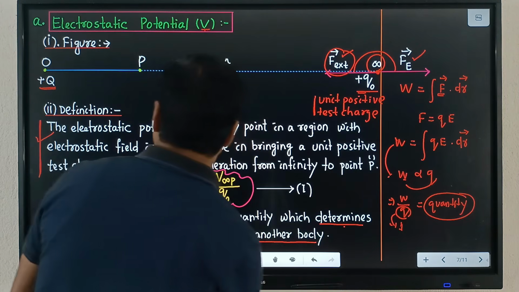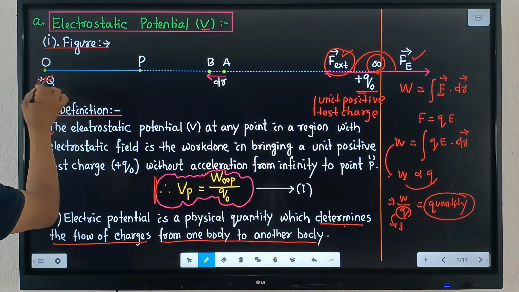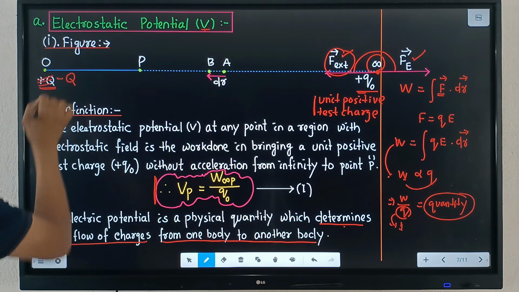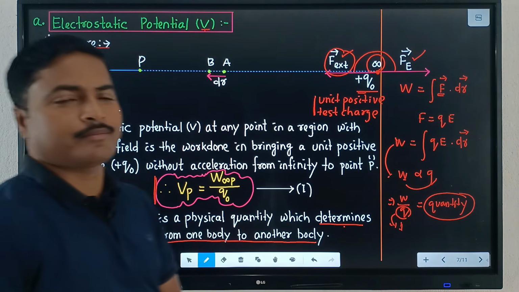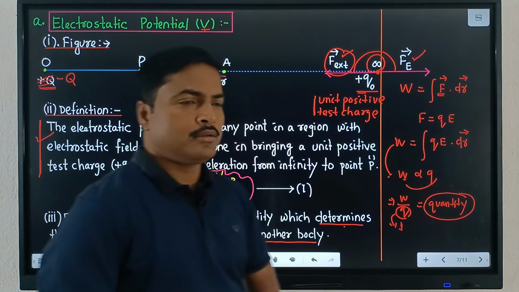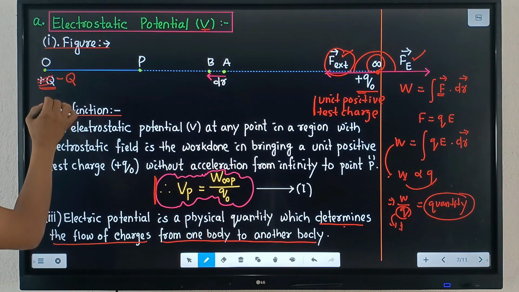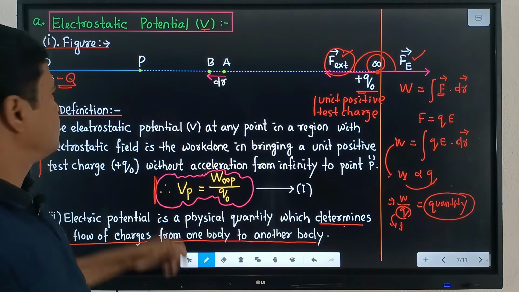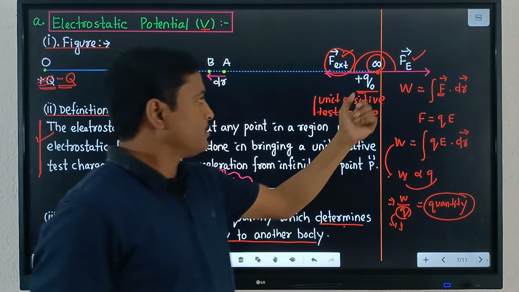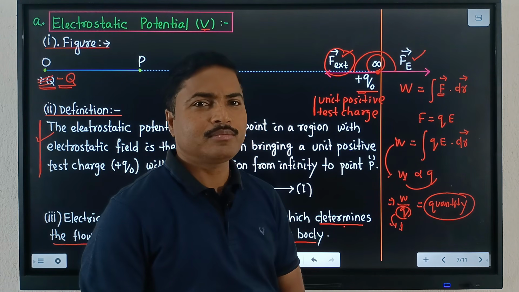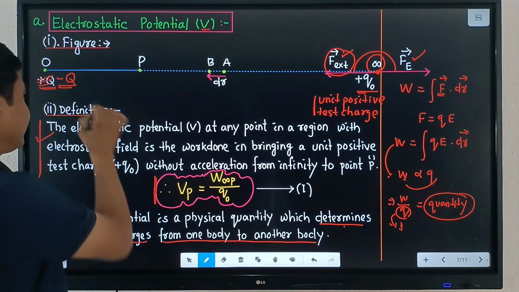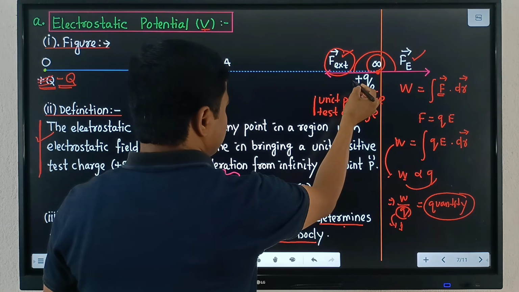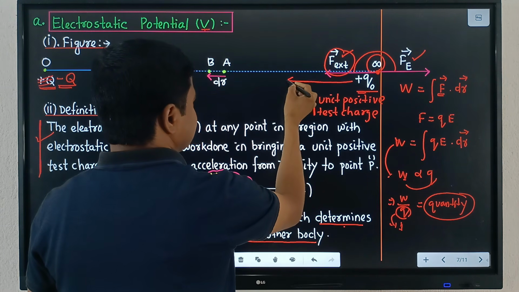Suppose this one is the source charge, we take a negative source charge, that is minus Q. This one is the test charge, that is positive, so the negative source charge attracts the unit positive test charge in this direction.